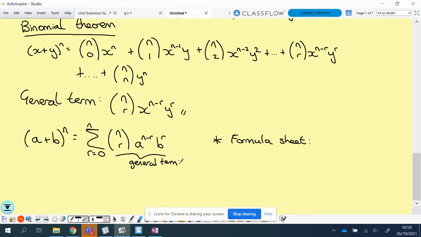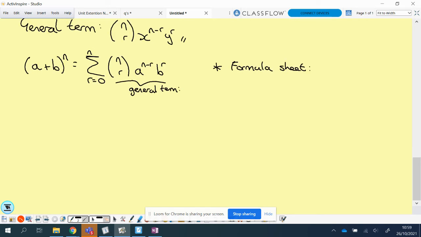Remembering that the formula also tells you that n choose r, which can also be written as nCr, would equal, if we use the rule from last lesson, n factorial over r factorial times n minus r factorial.